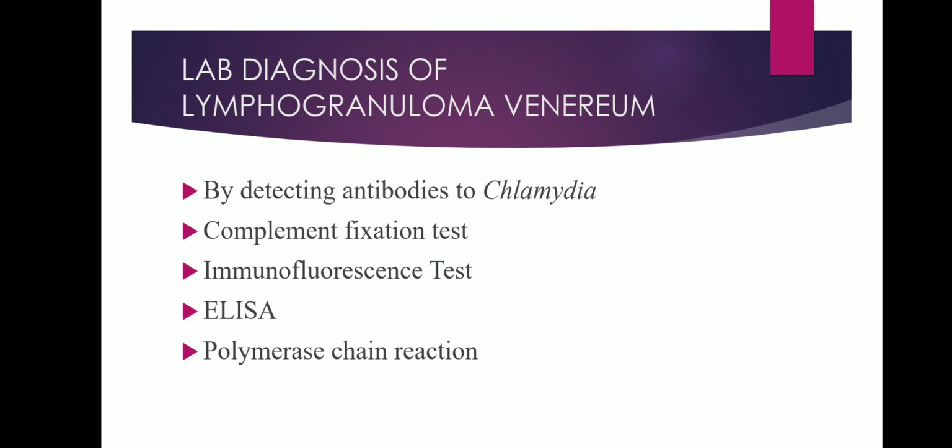After that, the lab diagnosis for lymphogranuloma venereum includes detecting antibodies to chlamydia, complement fixation test, immunofluorescent test, ELISA, which means enzyme-linked immunosorbent assay, and polymerase chain reaction. These are the lab diagnoses for lymphogranuloma venereum.